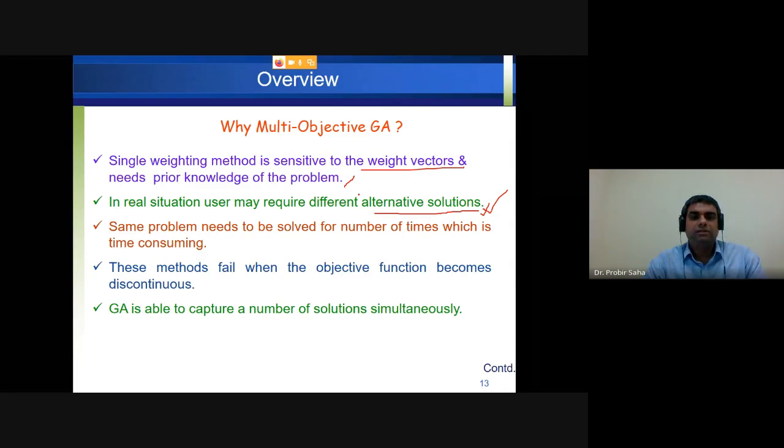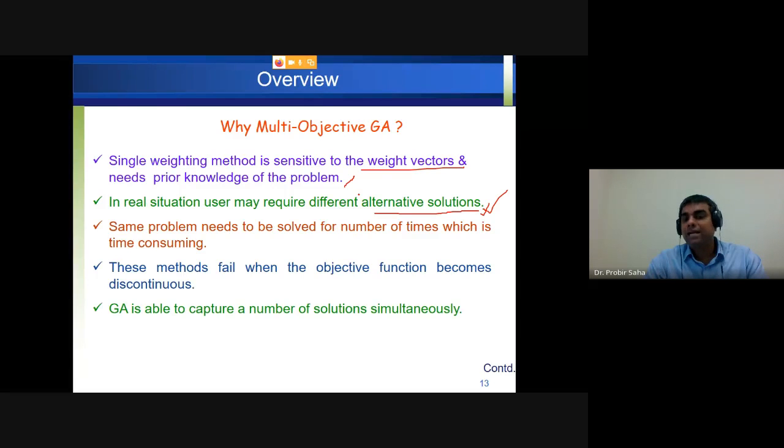This is why multi-objective GA, because multi-objective GA will ultimately give you a Pareto solution. We'll discuss what a Pareto solution is: if 1 million solutions exist, maybe out of 1 million you will get 100 solutions, suppose. And those 100 solutions are the best among the 1 million solutions. That's what multi-objective GA will do for you.